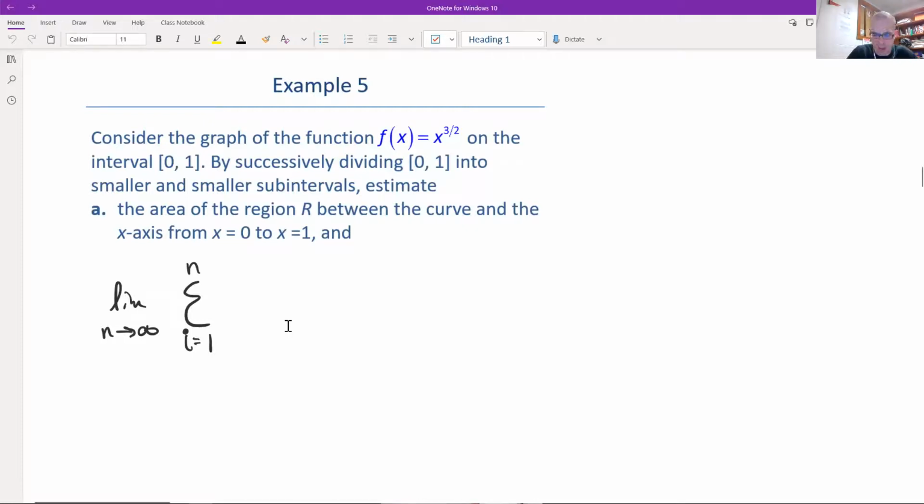And the entire time we would be multiplying a y value for a certain rectangle, evaluated at something called a sample point. And we would be multiplying that times delta x, the difference in x values for each one of those little rectangles.